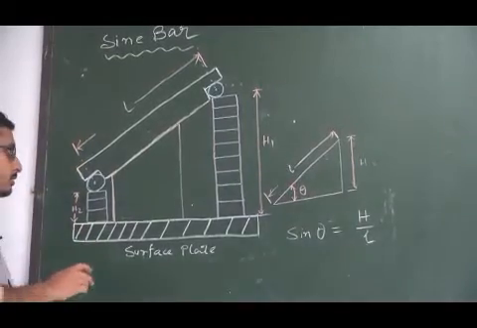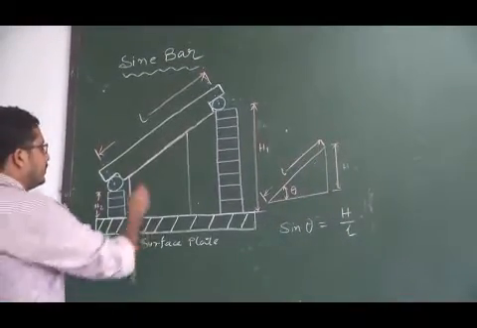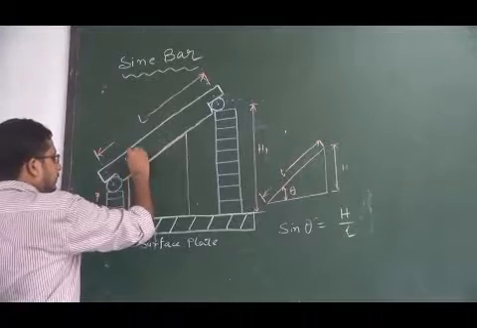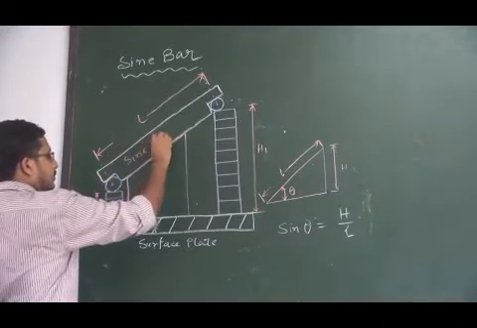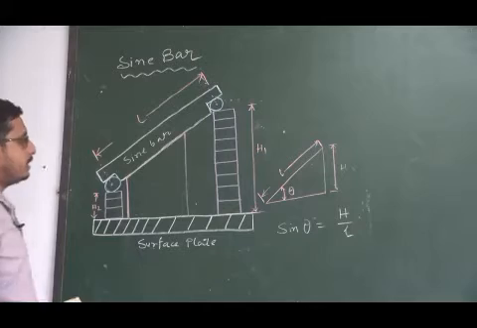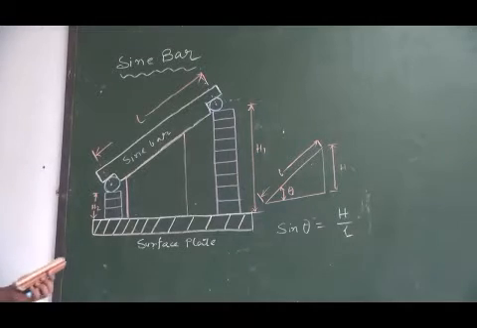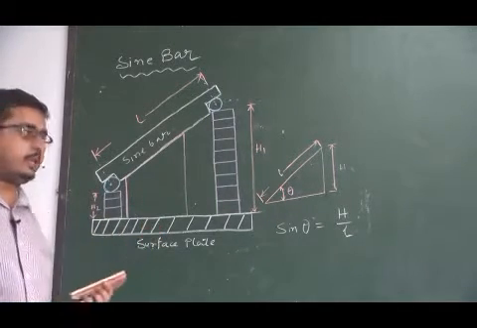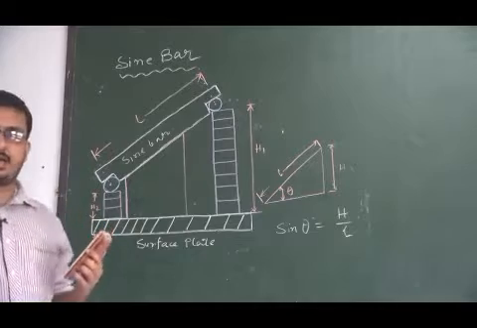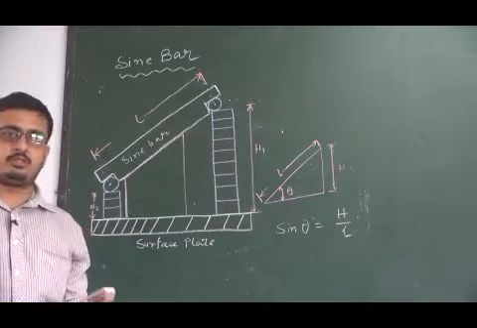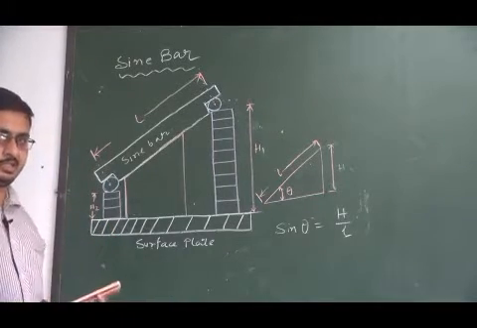Here in this figure, this is a sine bar, and with this sine bar we can measure the angle of a job indirectly.